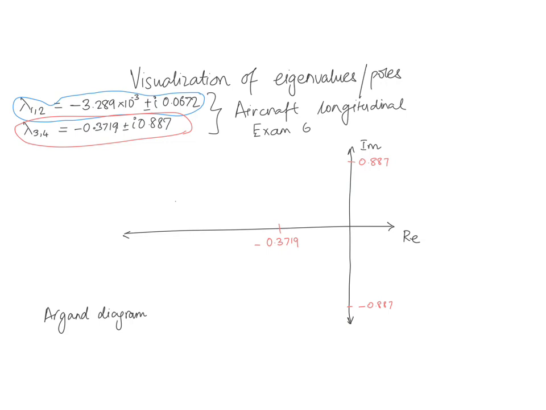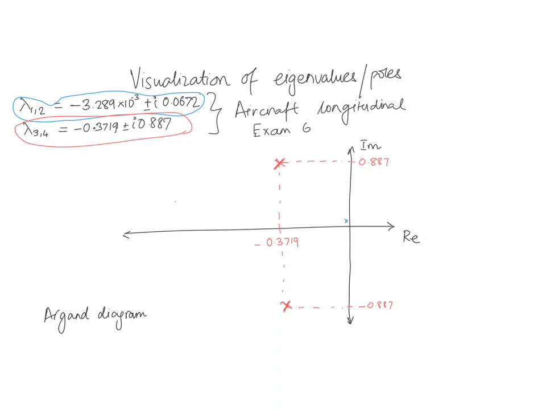So the eigenvalues are here, the red ones. There's one over here and there's one over here. Okay, so that's one pair. And on this diagram, the blue one will actually be very, very close over here.